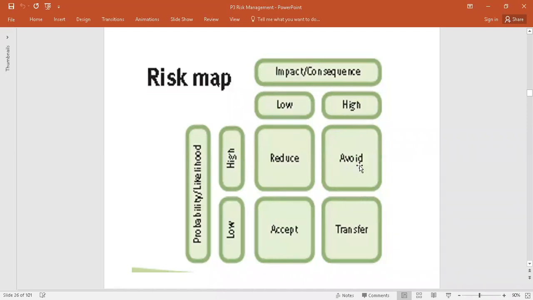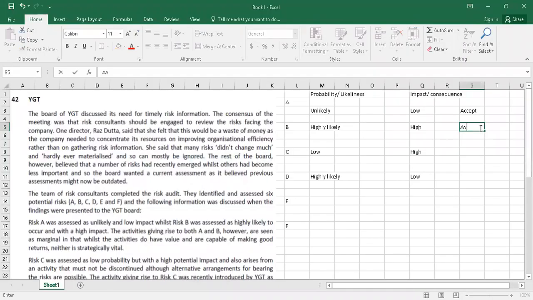Both are high because the impact is very high and very frequent, or the chances of happening are also very high. Why bear it? So avoid it, that should be the strategy. Probability is low, impact is high: this is transfer.